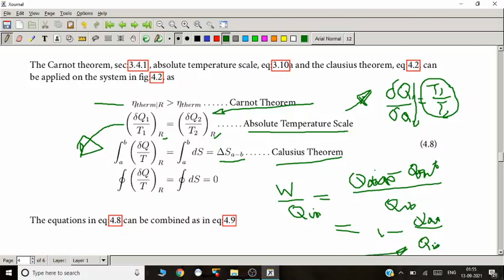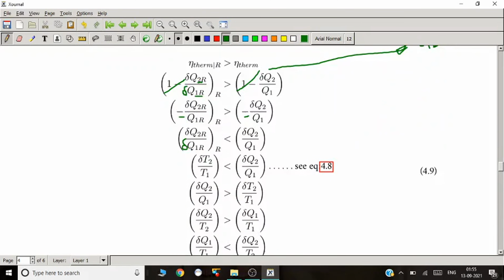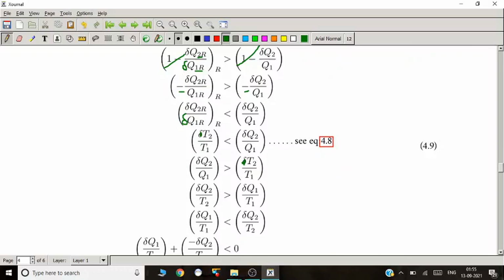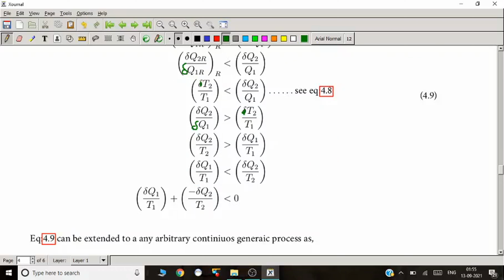For a reversible cycle, we can replace the ratios of heat by the absolute temperature ratios, T2 by T1. So what we get is that delta Q2 by T2 should be greater than delta Q1 by T1, or delta Q1 by T1 should be less than delta Q2 by T2.